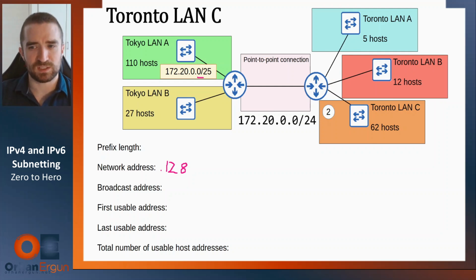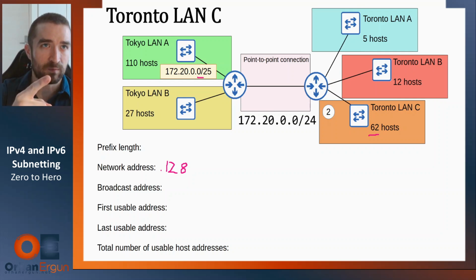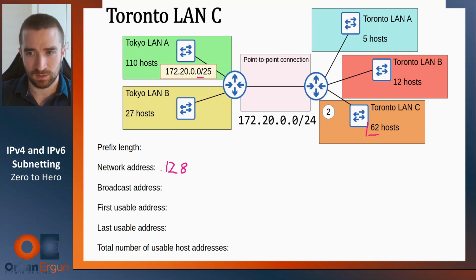Okay, so Toronto LAN C requires 62 hosts. Okay, so let's try again. Count the binary. 2, 4, 8, 16, 32, 64 with 6 bits, minus 2 gives us 62 hosts, which is just right, actually. So if we have 6 host bits, we can make 62 host addresses, which is perfect.